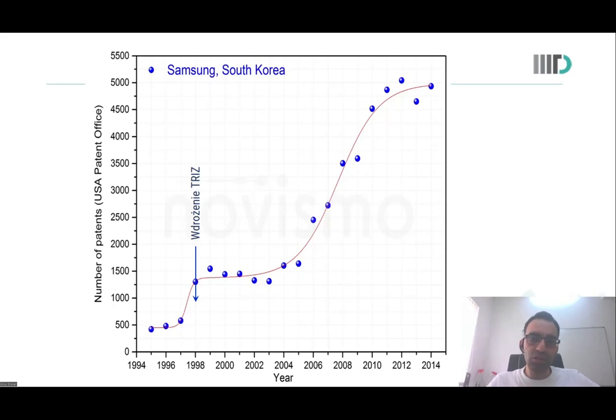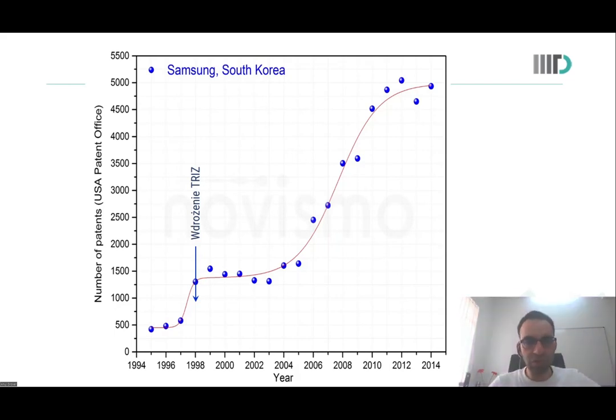And you notice that there is a jump at once, from less than 500 patents per year to something like 1500 patents per year in the zone of 1997-98. And that was the time when TRIZ was introduced to Samsung.